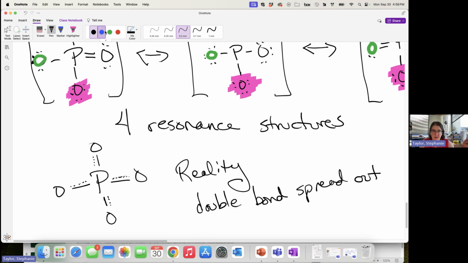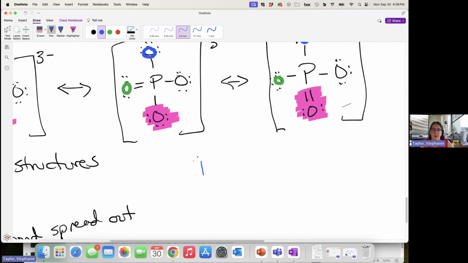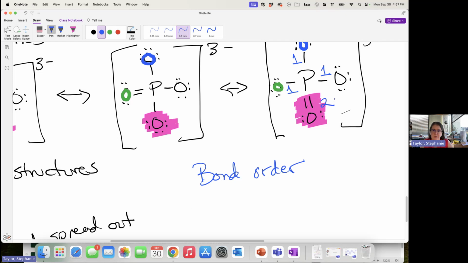The other way we can talk about this same idea is the concept of bond order. So when we do bond order, what we're going to look at is the fact that I have a single bond, a single bond, a single bond, and a double bond, number 2.